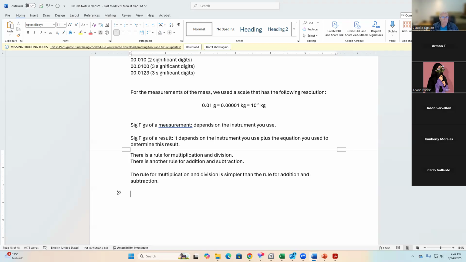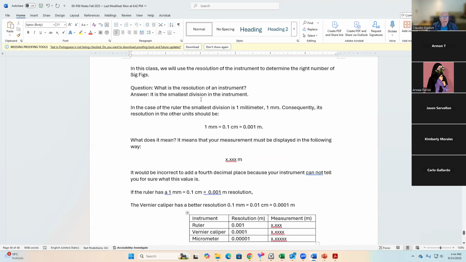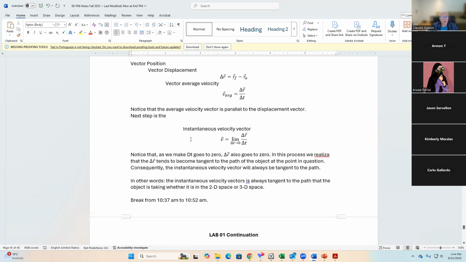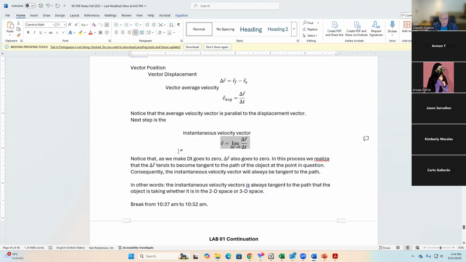So let's concentrate on the rule for multiplication and division first. In the case of the volume, the equation is the following, right? You have to know the equation that you are using to get your result.